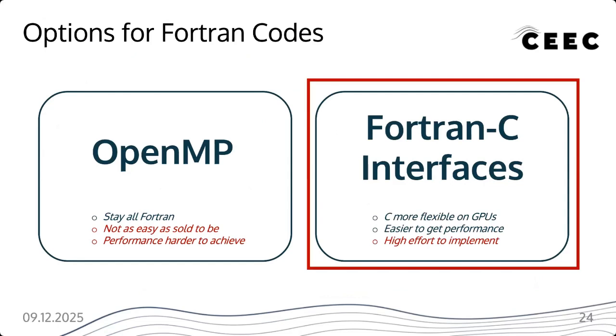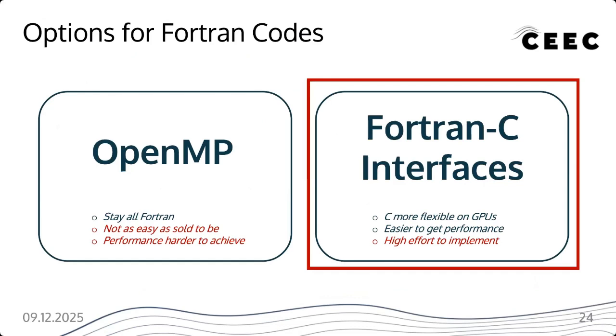This is because C is more flexible. Once you're in C, everything is supported. There is nothing you can't do, okay? It's easier to get performance. Just naively writing a CUDA kernel is going to usually be performant out of the box. You can screw it up, absolutely you can, but most of the time, it's going to be more performant than any other approach just as a baseline, okay?